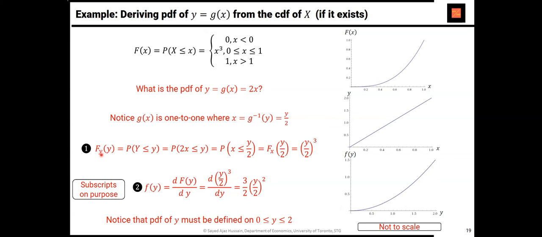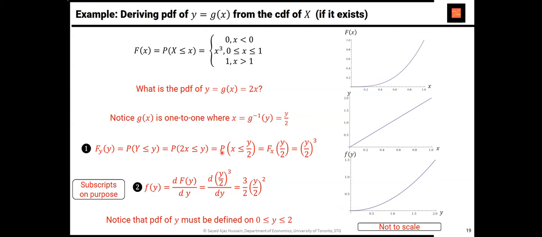The subscript here is just to remind ourselves that we're looking for the CDF of y, which by definition is the probability the random variable y is less than or equal to some number baby y. But the random variable y is of course nothing but 2x. So I'm asking, what's the chance that 2x is less than or equal to some number y? That's the same thing as asking, what's the probability that the random variable x is less than or equal to the number y over 2?